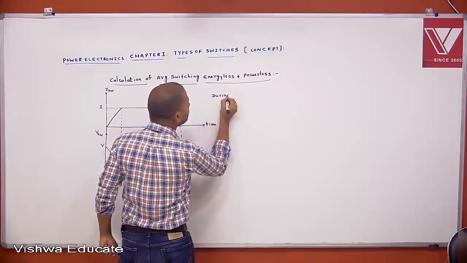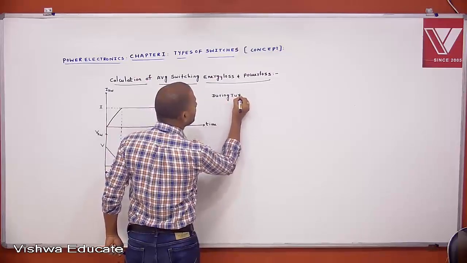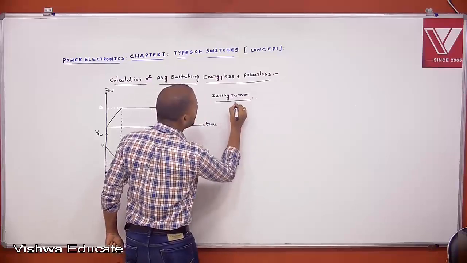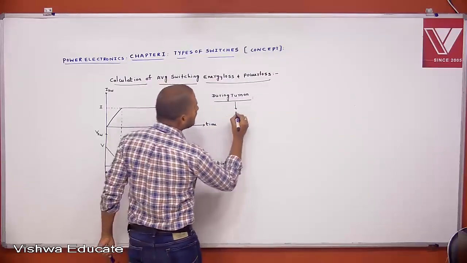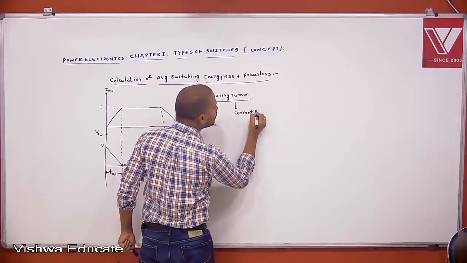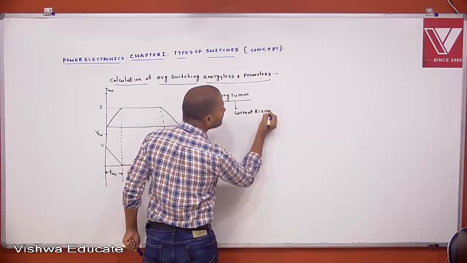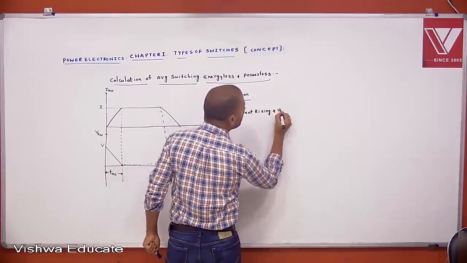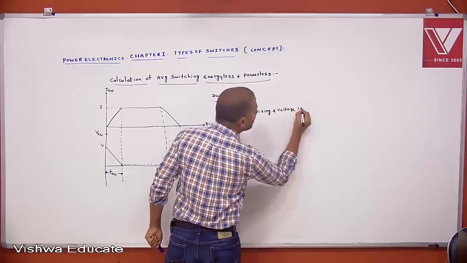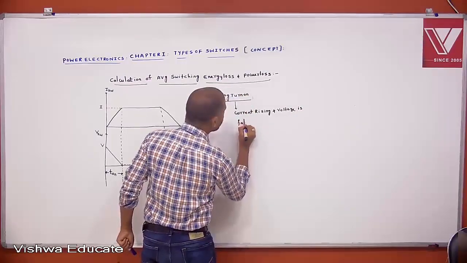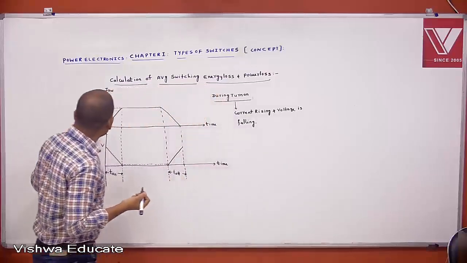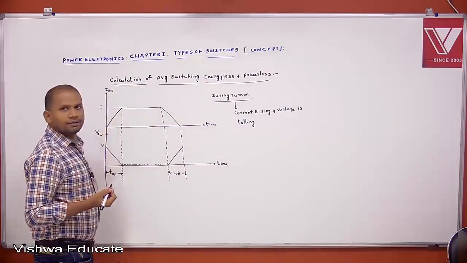Turn on is nothing but current rising through the switch and voltage falling.